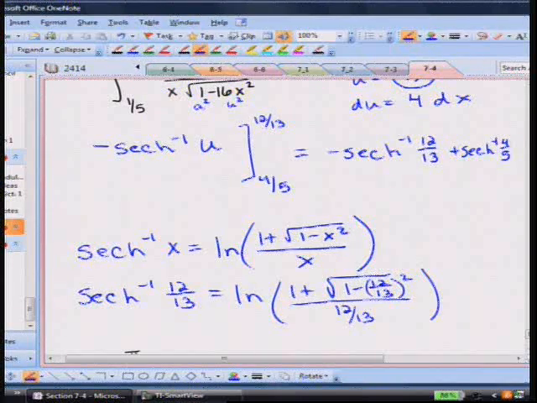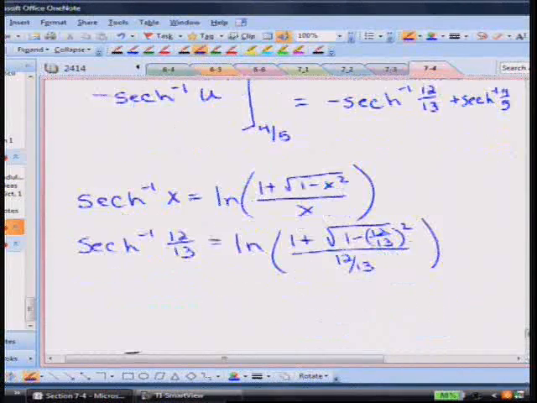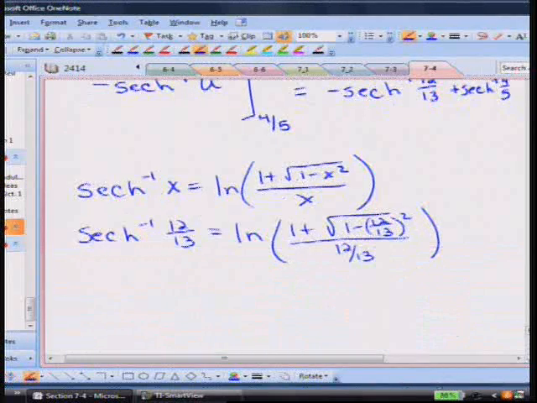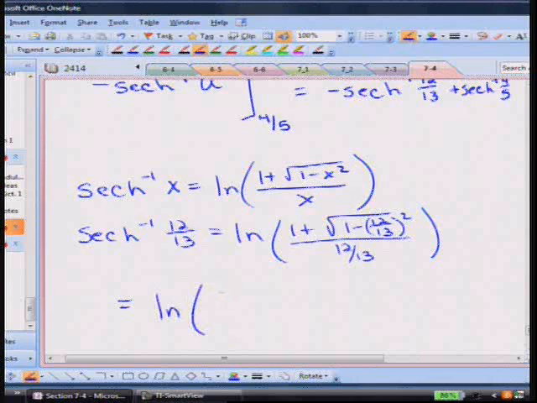And you have to clean that up, which is equal to the ln of 1 plus the square root.